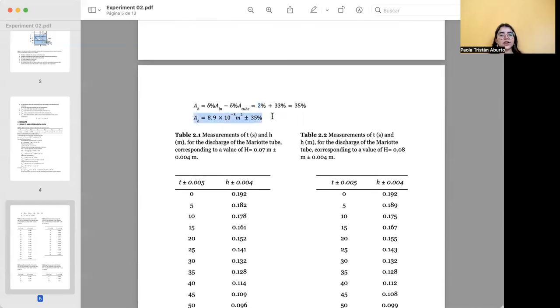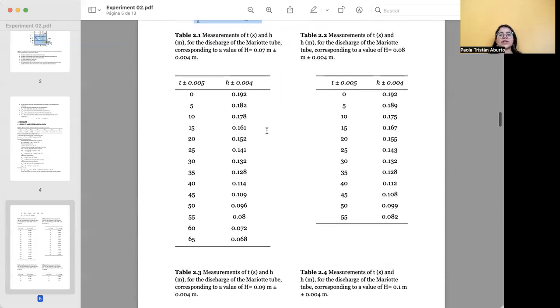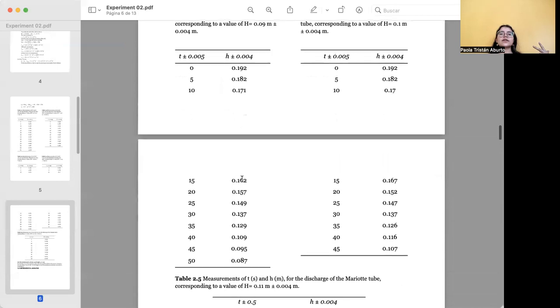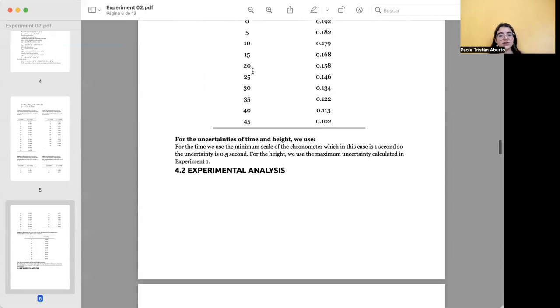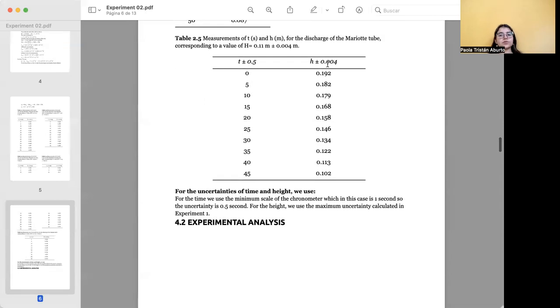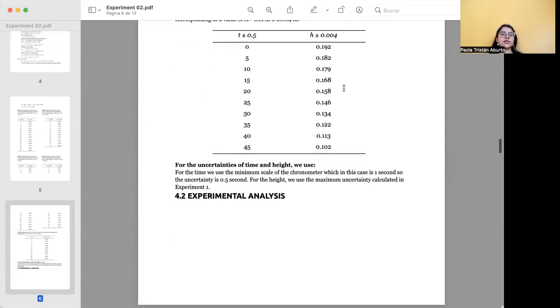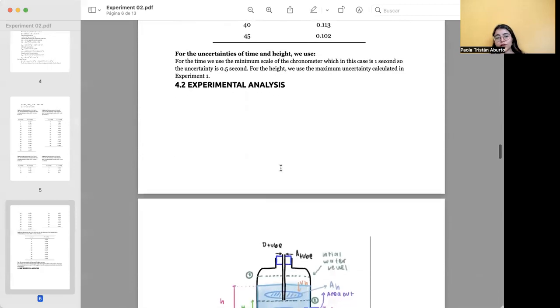For the area H, we have 8.9 times 10 to the minus 3 meters squared plus or minus 35%. Then we made several tables for each measurement, which were 7, 8, 9, 10, and 11, the measurement of the H with its uncertainty, for which we use the maximum uncertainty calculated in experiment 1.